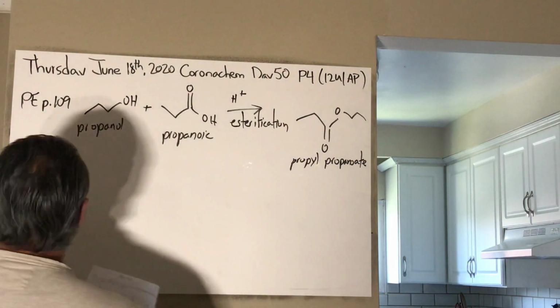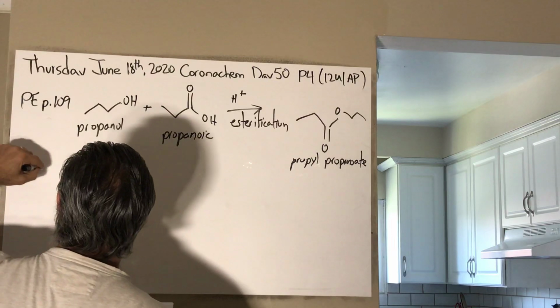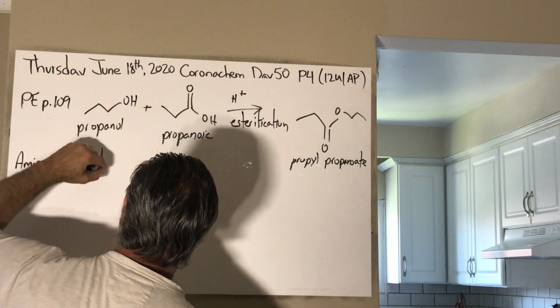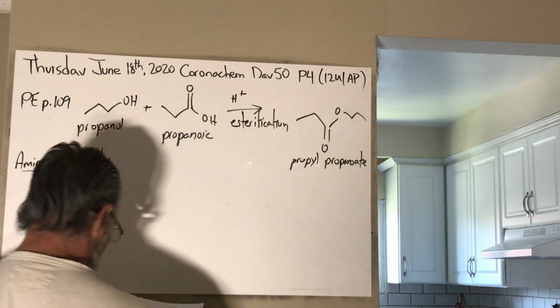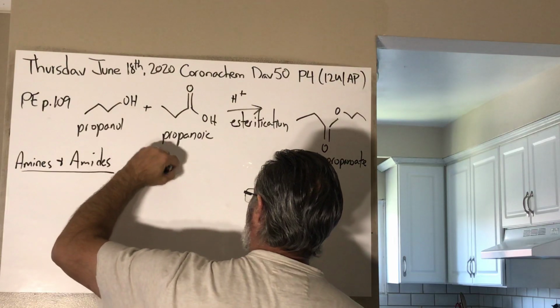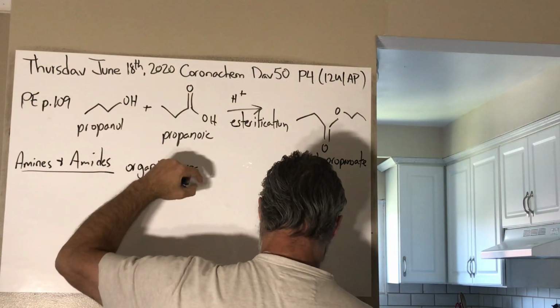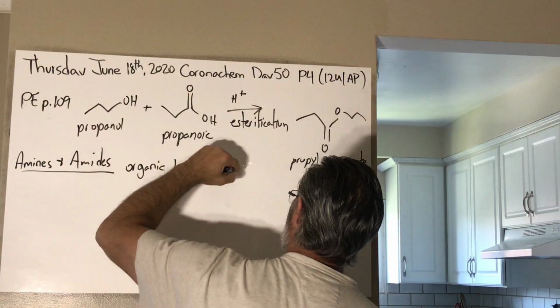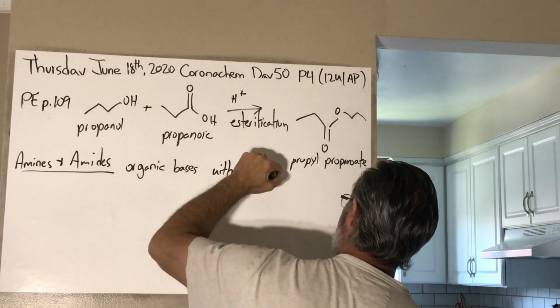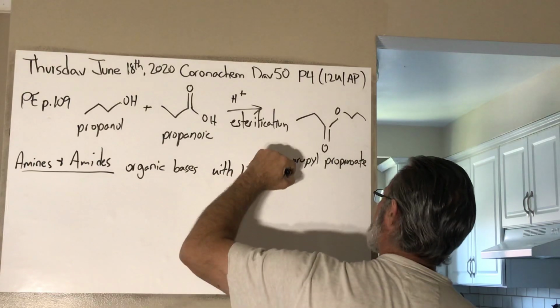The next thing is amines and amides. They are organic bases with 1, 2, or 3 groups attached to nitrogen.